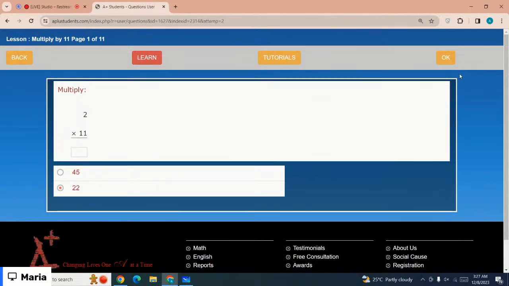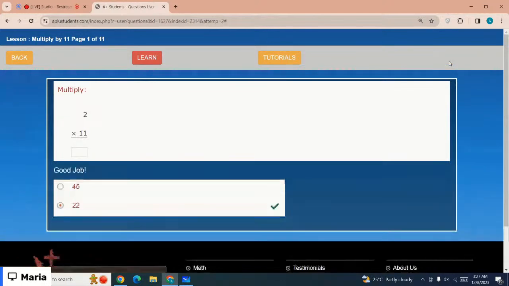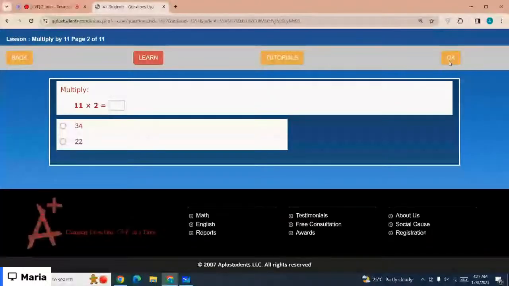So 11 times 2 is 22. The correct option is 22. Very good. Again 11 times 2 equals... Yes, it is 22. Again, that is the same. That is 22.